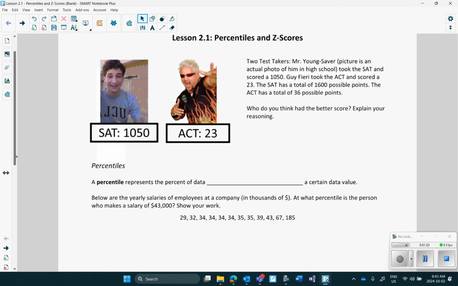Yeah, find the percent each one got? Sure. So Young Saver got 1,050 out of 1,600, which converts to about 66%.